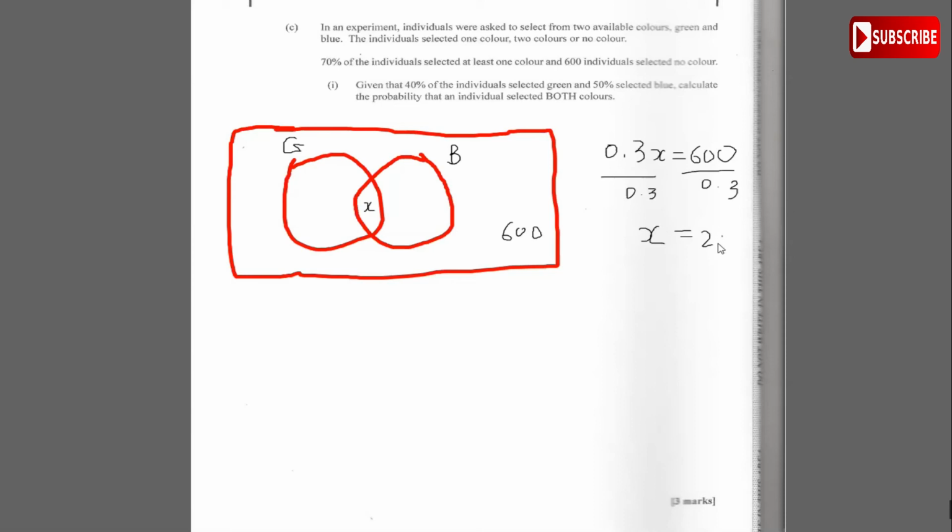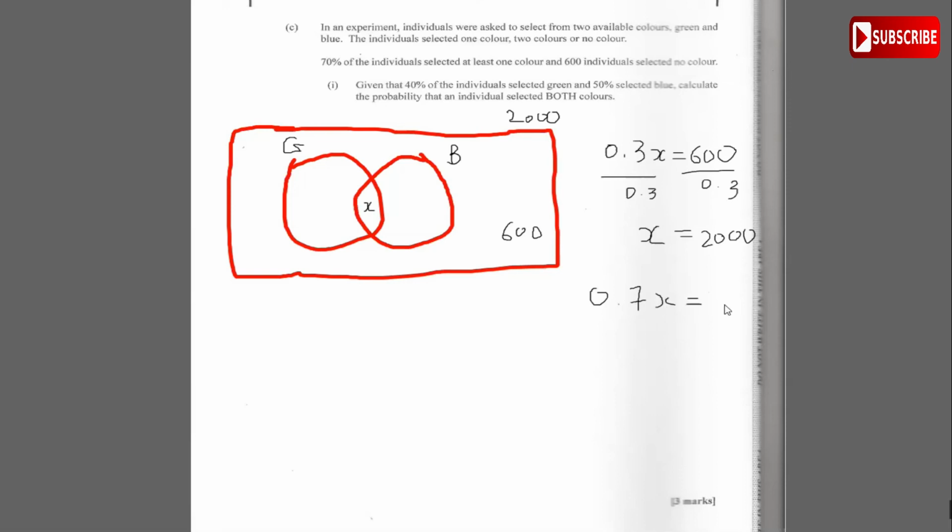X is 2000. All right, nice. If X is 2000, that means that the universal set is 2000. And it said 70% selected at least 1 color, meaning that the total in here sums to 1400. That means 70% is 1400. So what they're telling you is 0.7 times X is 1400.